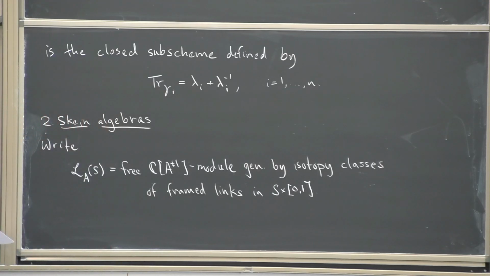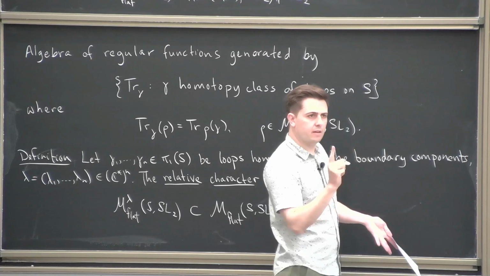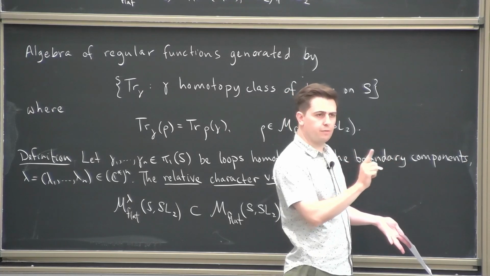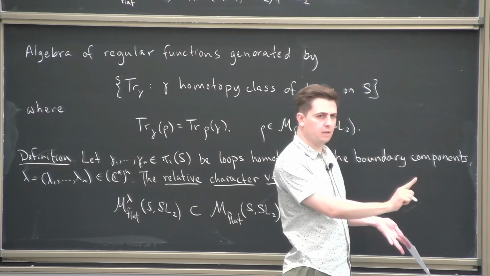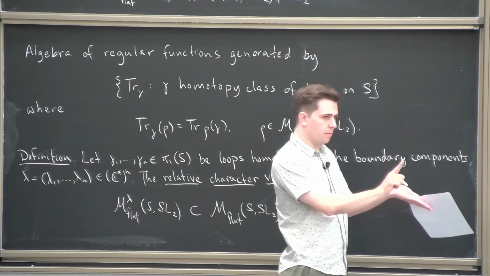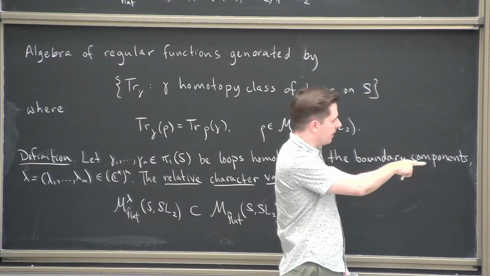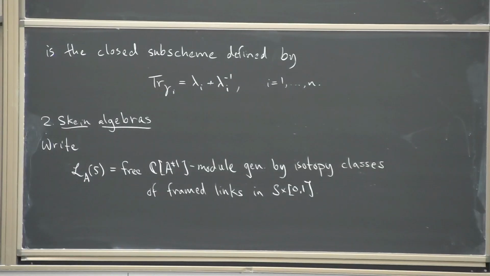So you imagine knots and links living in that S times 0, 1, and these are considered up to isotopy of framed links. So they have the additional choice of a framing, which is a field of vectors that are transverse to the tangent vector of the link, and we consider these things up to isotopy.